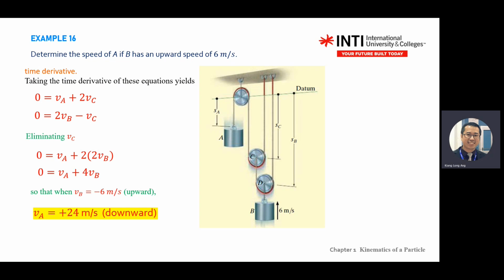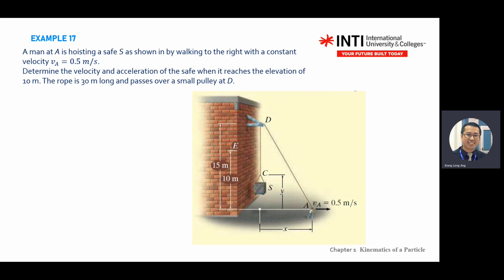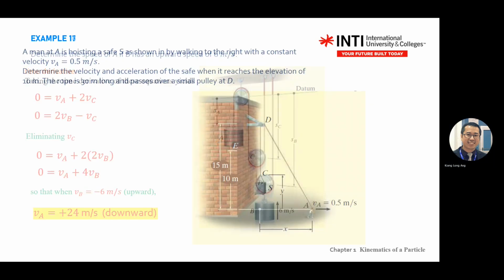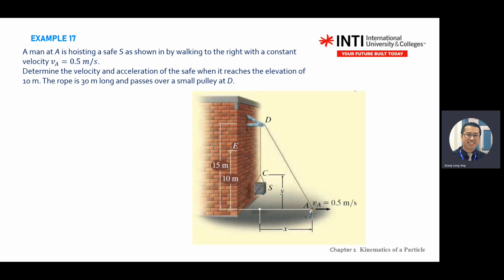Okay, so far I think it's good, right? In complex problems, now we change the pulley system into an application. A single pulley, but with a little bit of an angle. So a man here is trying to lift this safe or box or something by walking to the right at a constant velocity of 0.5 meters per second.